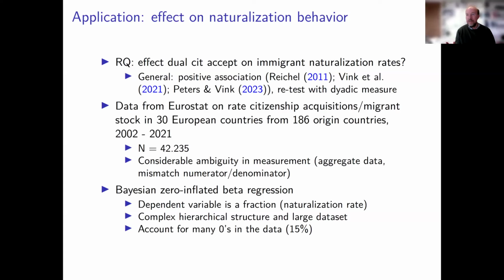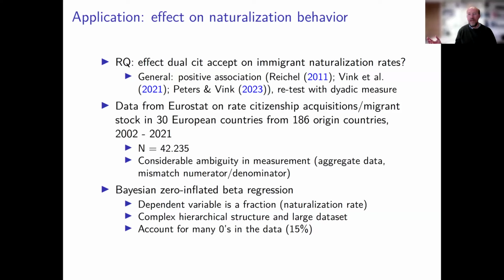This doesn't mean that people don't naturalize if they cannot have dual citizenship, right? And we know from the literature that this is related especially to the economic development level of the destination country, and also the economic or political characteristics of the origin country. Right?